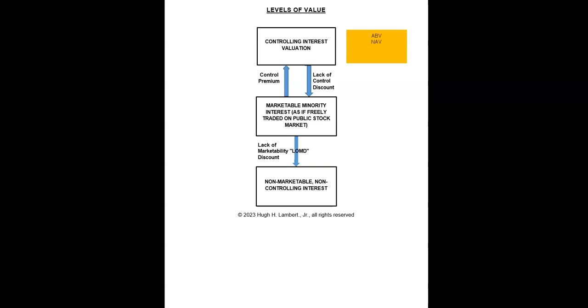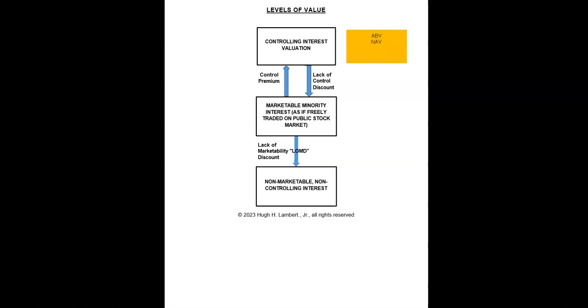If I owned control of a company, I could sell all the assets, I could liquidate everything, pay off all my liabilities, and then come up with the equity value. Now, just because we use those methods doesn't mean that that's what's going to happen to our company, but it helps us get to a value of control, assuming that the assets could be sold. And again, if we're valuing a non-controlling interest, there are ways we can adjust this controlling interest value to get to the proper level.